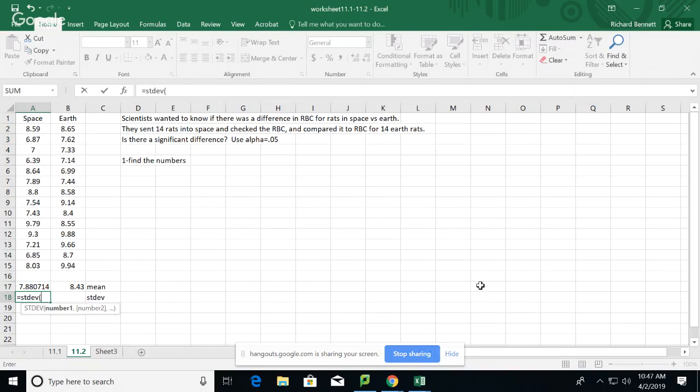ST-dev, right? What else might we want to know? How many rats am I using? We want our n, 28 total. We got 14 space rats and 14 Earth rats.